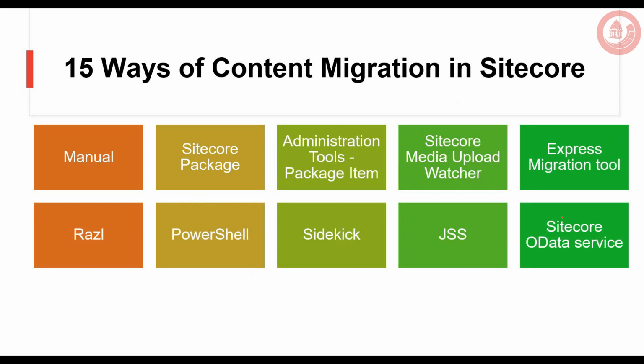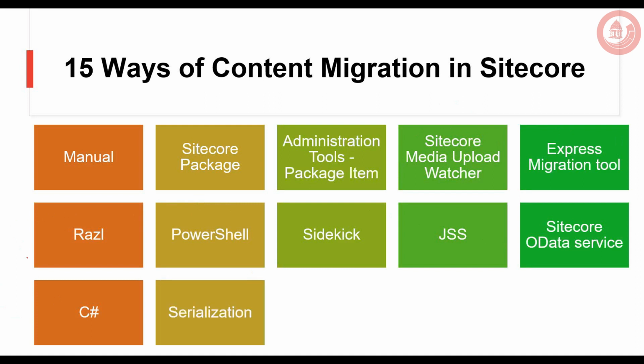You can use the Sitecore OData services, so you can expose your Sitecore data in terms of a JSON file, which will be consumed by external channels over the HTTP or HTTPS protocol. You can write C# code where you can get the data from multiple sources, process it, transform that data, and then finally create the items in Sitecore with this new data that you have.